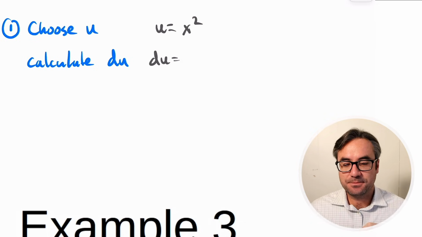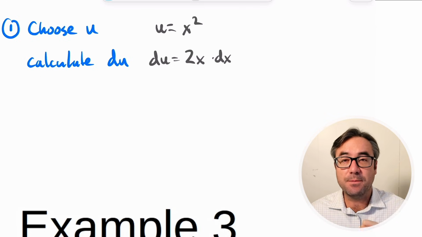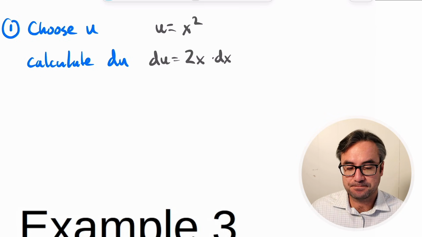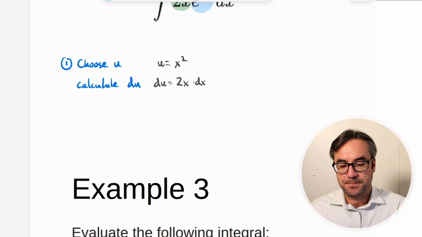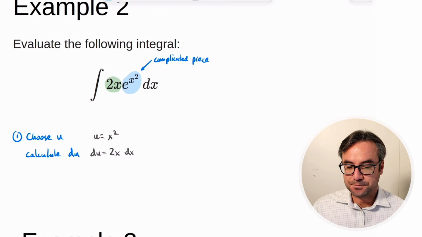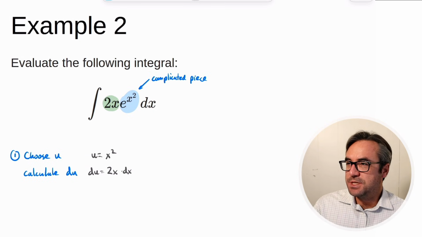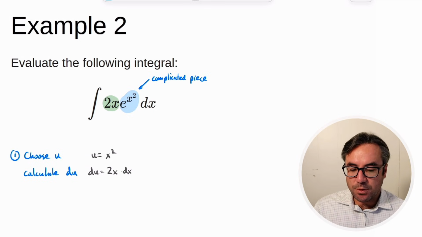Differentiate the x squared. We get 2x. And then for our differential, then we multiply by dx. Okay. So step 1 complete. Now we want to substitute these pieces in.